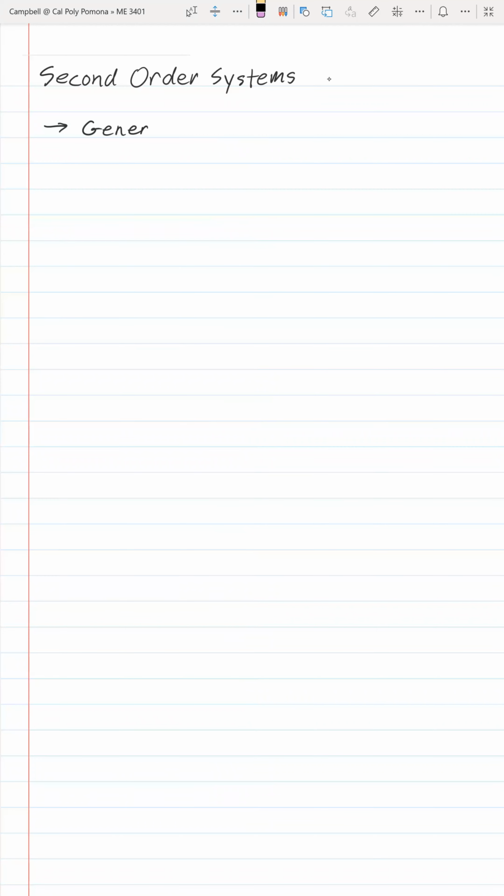So if you recall, the general form of a linear, homogeneous, second order ordinary differential equation, otherwise known as LTI.